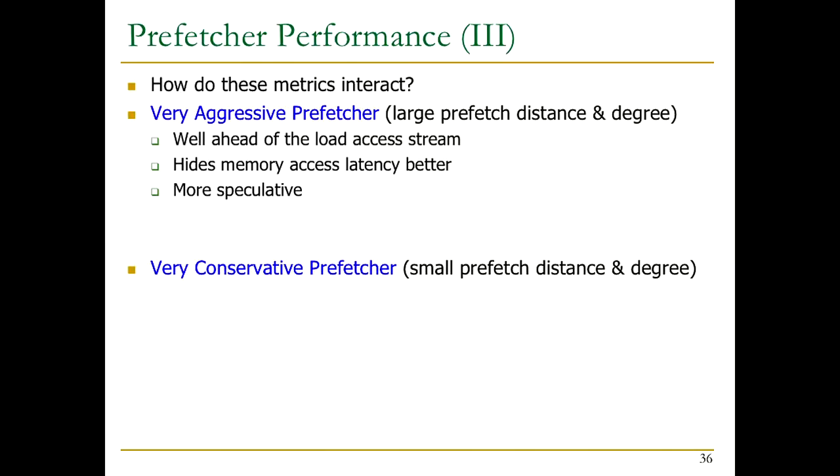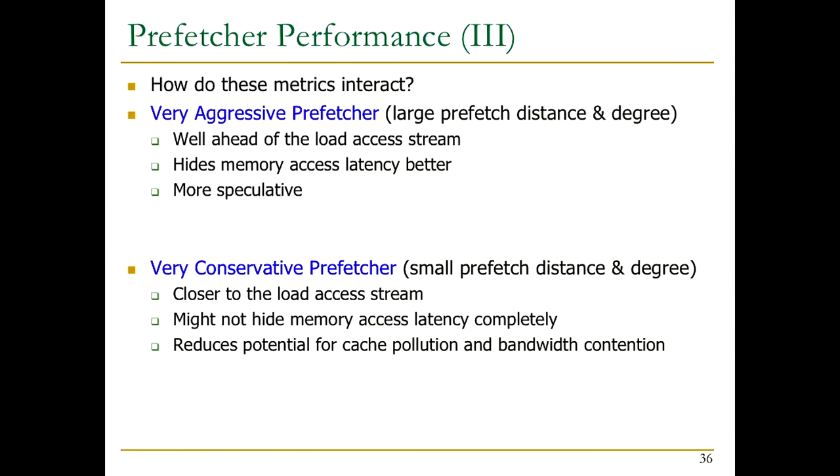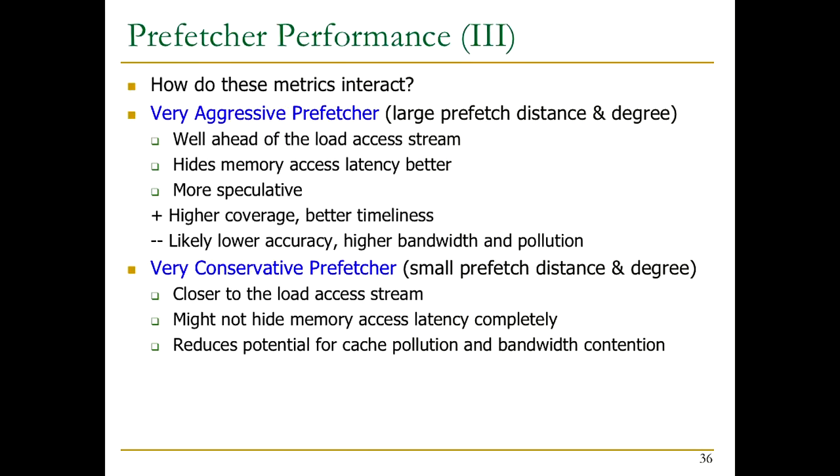So a very aggressive prefetcher, as we said, is well ahead of the load access stream. It hopefully hides memory access latency better, but it's more speculative also. Whereas this one's closer to the memory access stream of the processor. It may not hide memory access latency well, but it reduces the potential for cache pollution and bandwidth contention. So as a result, this aggressive prefetcher likely has higher coverage. It has better timeliness also, but likely has lower accuracy and causes high bandwidth and pollution issues.